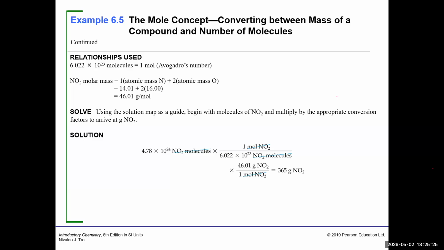There are 2 atoms of oxygen and 1 atom of nitrogen. Multiply and add them together, and we have 46.01 grams per mole. That's what we are going to use to get our final answer. So now we are given 4.78 times 10 to the power of 24 molecules. 1 mole of nitrogen dioxide is equal to 6.02 times 10 to the power of 23 molecules of nitrogen dioxide.